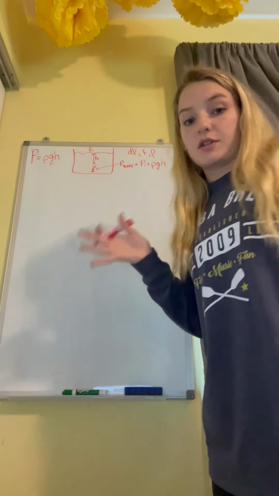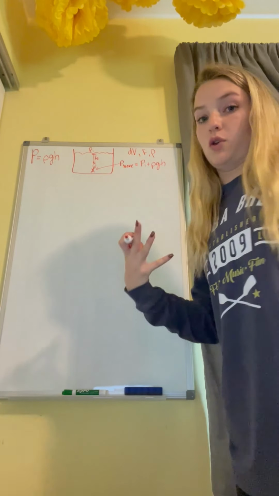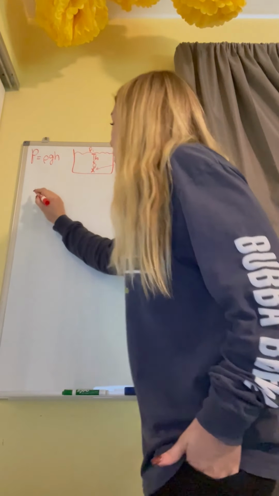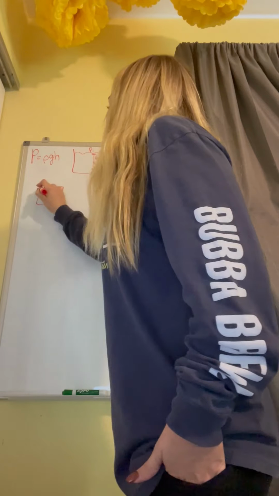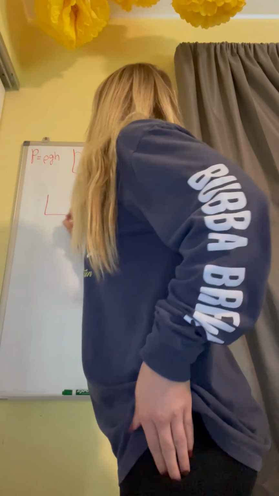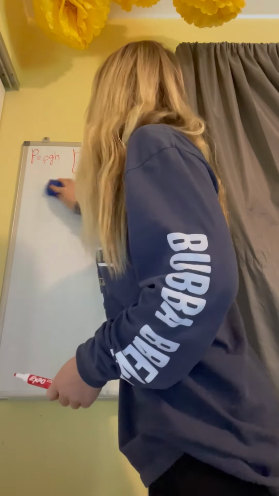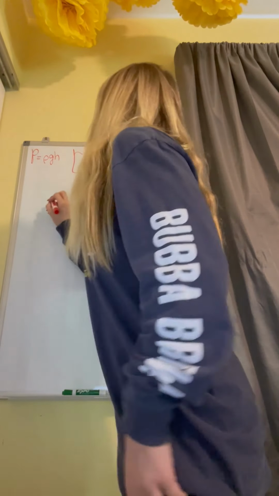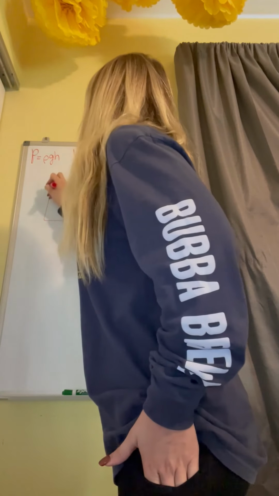So if we were to start talking about the differential volume of a system, if we draw a cube here, oh, that's a little small, hold on. So if we were to draw a cube, that was terrible. So let's draw a cube here.